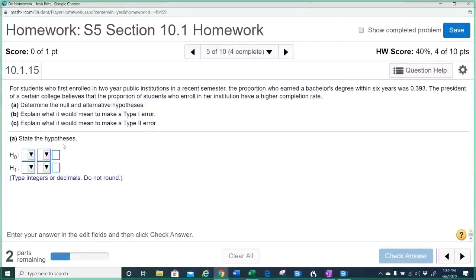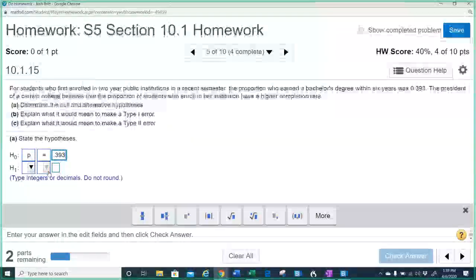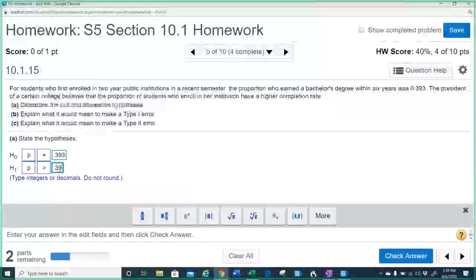So that's the key word. So we're testing the population proportion. The null hypothesis is always structured as equal to the standard at another institution was 393. And then the researcher believes the proportion has now increased from 393.